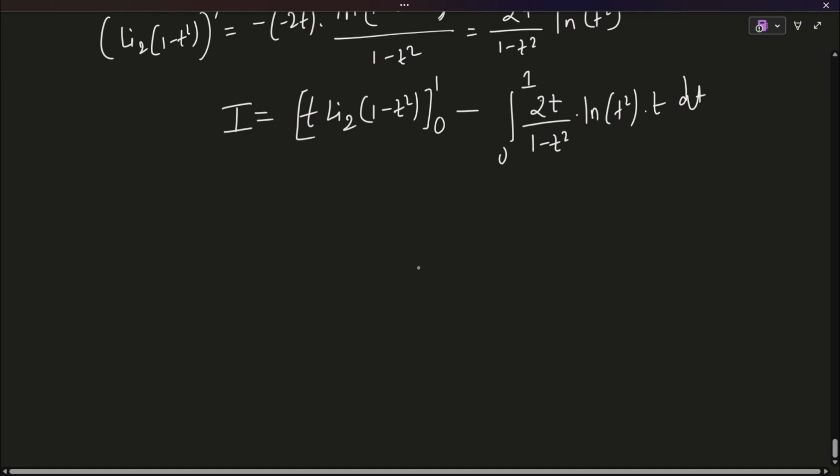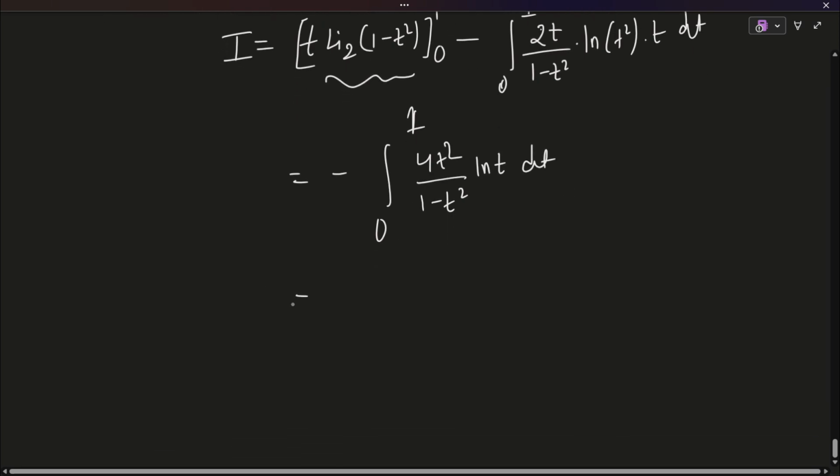You can find out this first term is nothing but 0, and then you can try and evaluate this one, which now is not really hard. Ln of t squared is 2 ln t. So this becomes, and we don't need to put a mod here because from 0 to 1, t is always positive, 4 t squared by 1 minus t squared into ln of t dt.